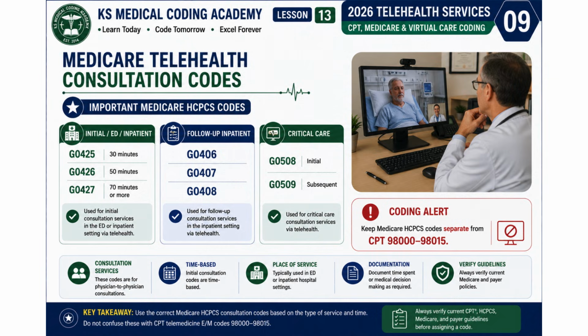For critical care consultation services, G0508 is used for the initial service, while G0509 is used for a subsequent service. The important point for coders is to keep these Medicare HCPCS codes separate from the CPT 98000 through 98015 telemedicine (EM) family. Always identify the payer, type of service, setting, documentation, and applicable current Medicare guidelines before assigning the final code.